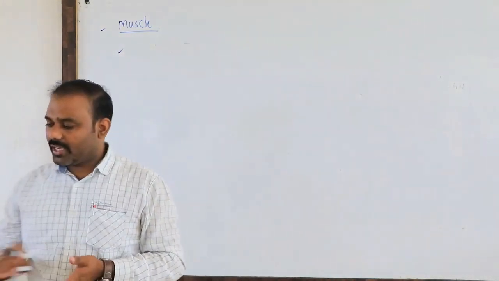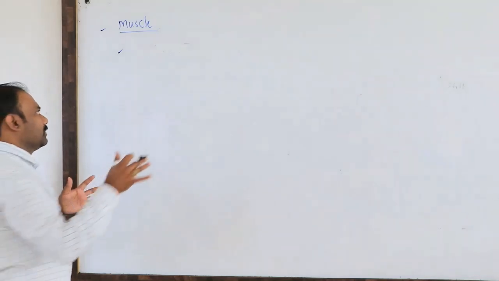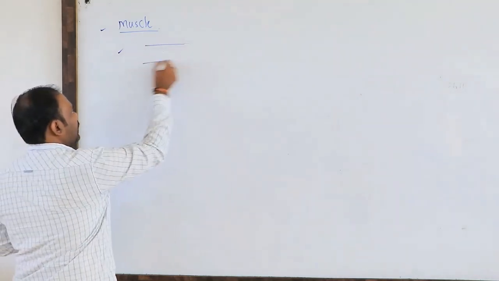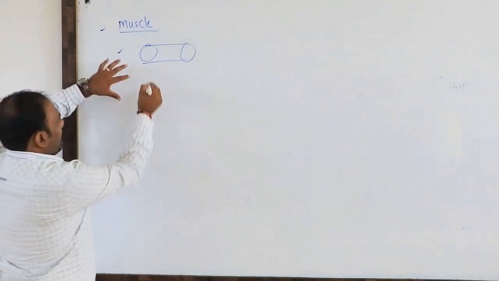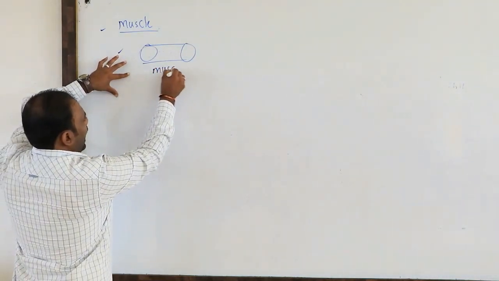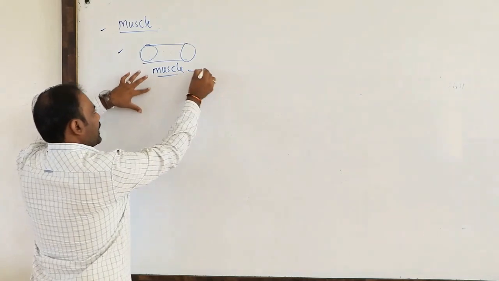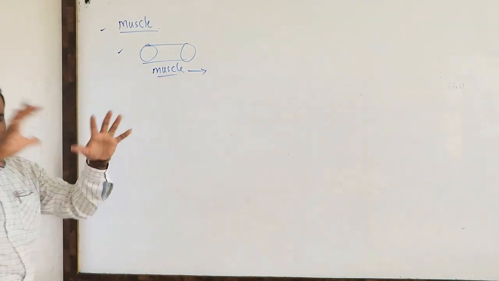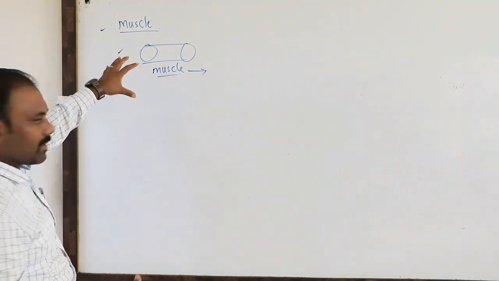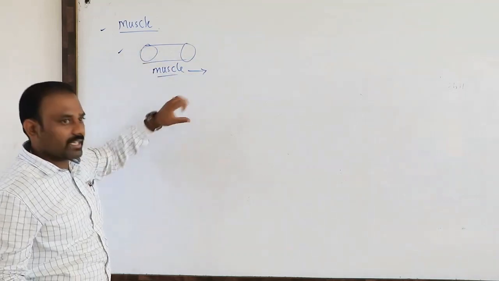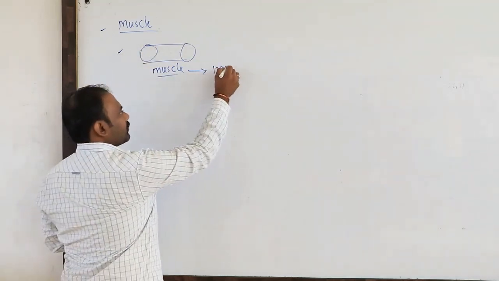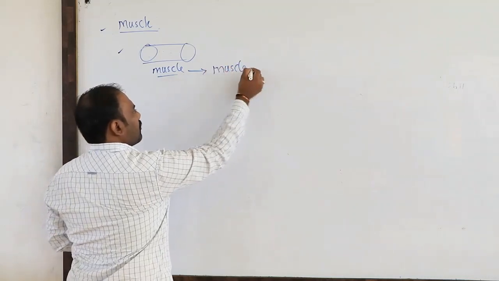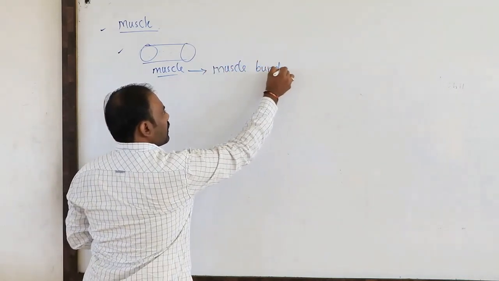When you take a muscle as a part, imagine we have a muscle. The whole muscle is made up of small compartments called muscle bundles.